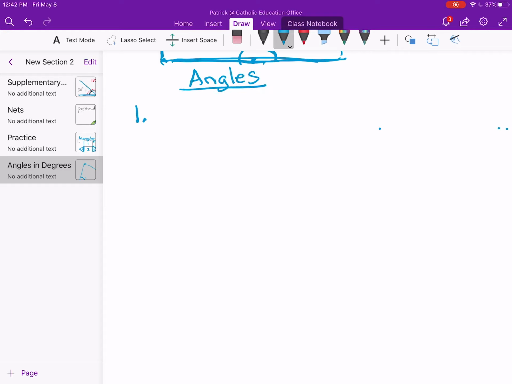Then you can put a number 1, and you can draw this angle. And I'm going to put this in the corner like that. Then you're going to pause the video, write down how many degrees you think that angle is, and then press play and see if you were right. So pause the video now.